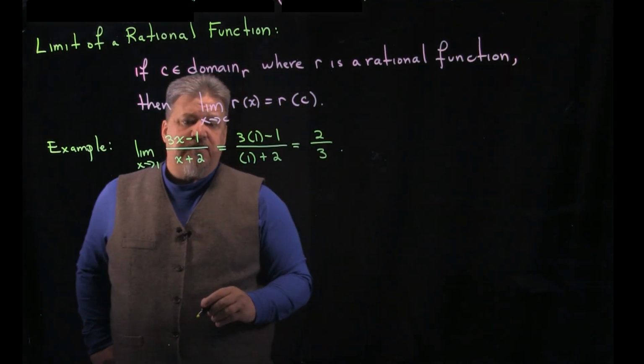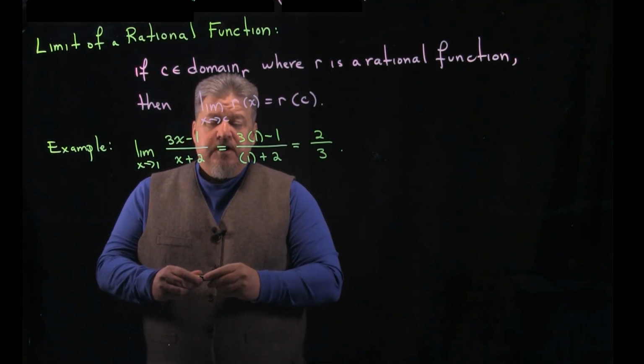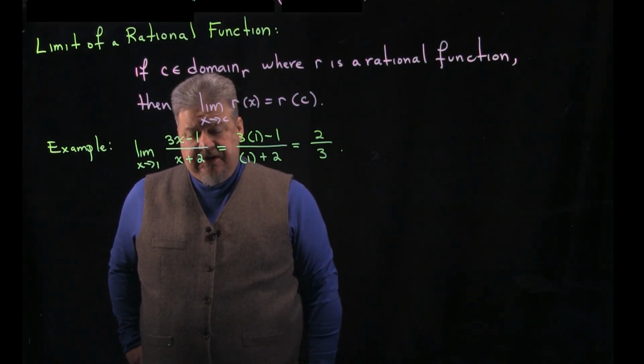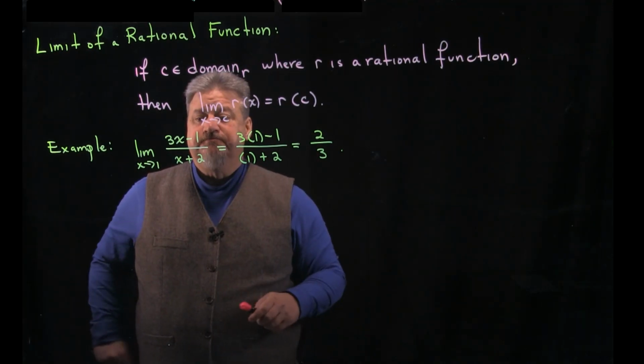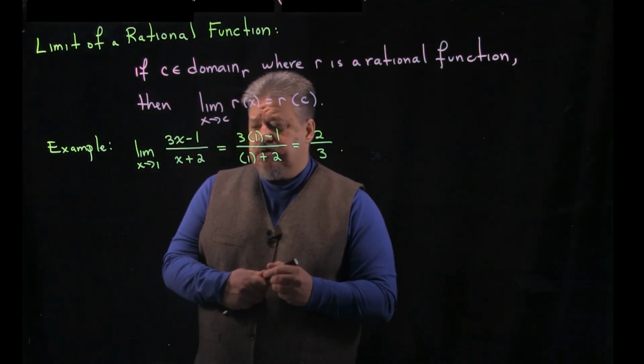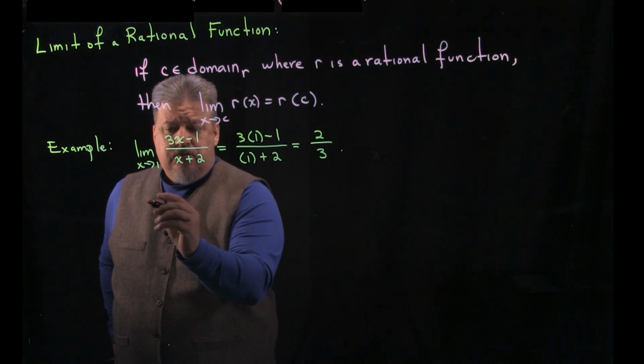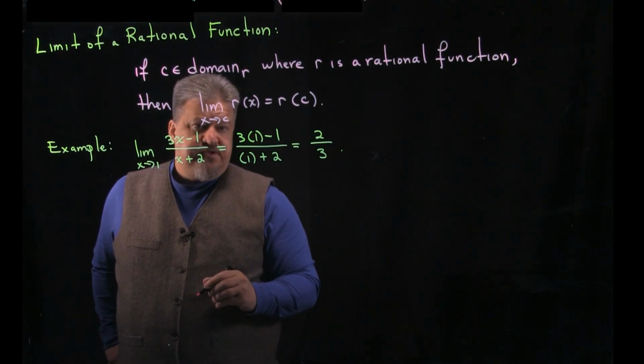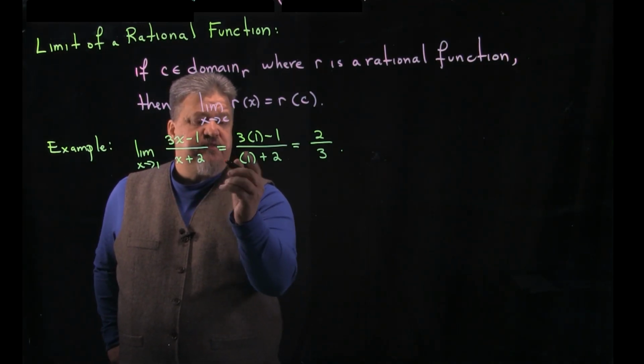So evaluating the limit of a rational function is quite simple if the number 1 is in the domain of the rational function, which it is here. Now what does this say about continuity? Well, this also says that a rational function is continuous at all points in its domain, because we can evaluate functionally.